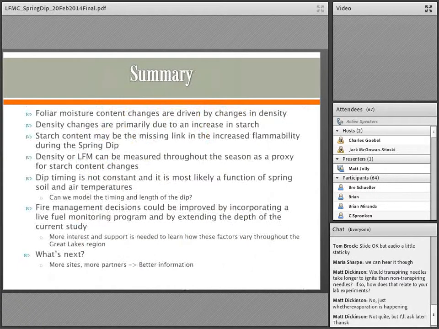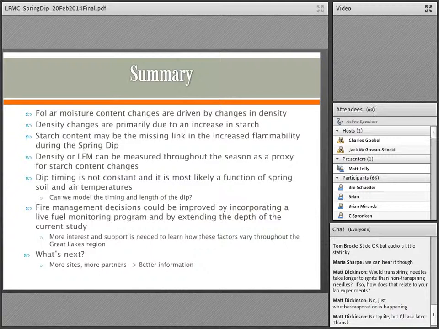So basically, we know that foliar moisture content changes are driven by changes in density, and density is primarily driven by starch, sugar, and crude fat, but starch seems to be the most variable. And the interesting thing is that this starch and sugar content linked to flammability has never really been seen before.